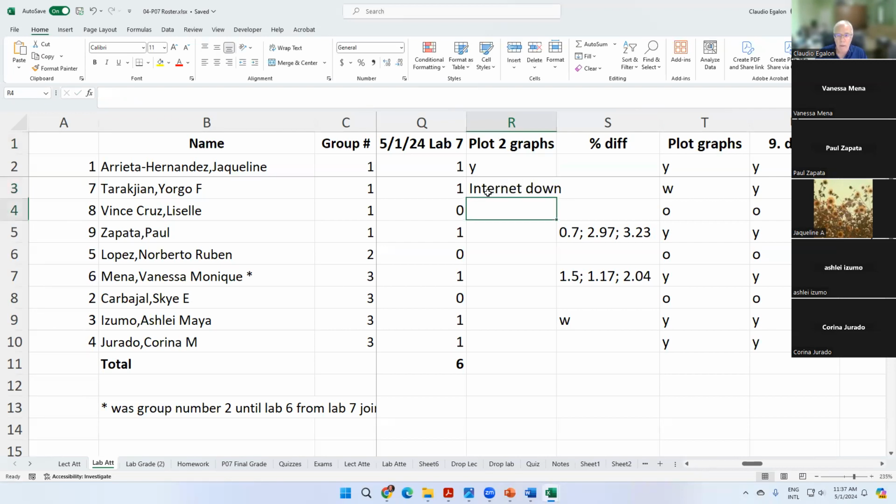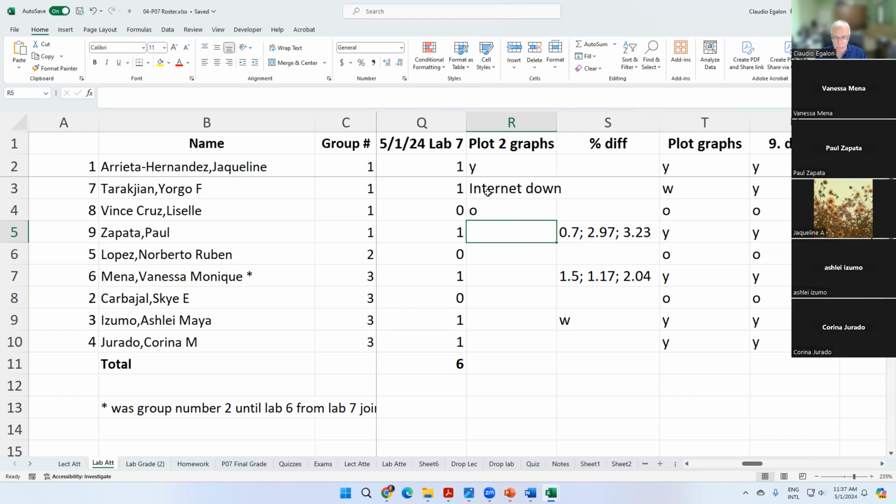So let's see, Lizelle is not here, right? And Paul Zapata. Okay, thank you, Paul. Did you plot the two graphs? And how does the slope of the second graph compare with the resistor value that you measured? You can type here in the chat.